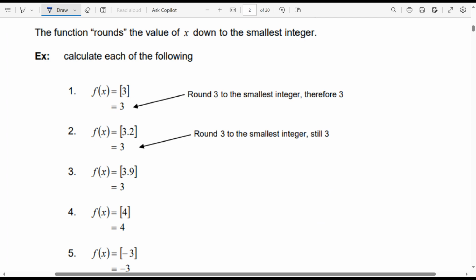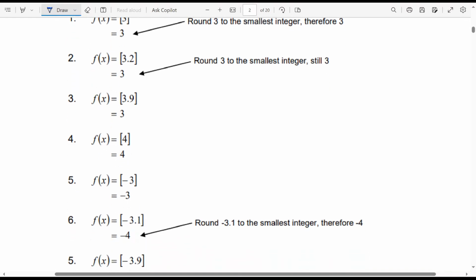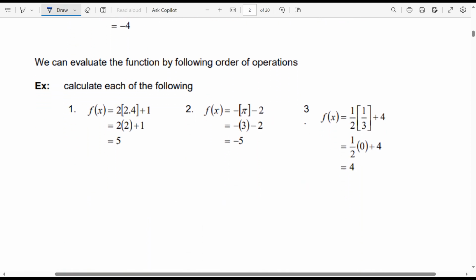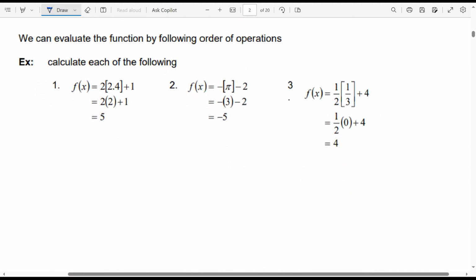The brackets disappeared. 3.9 turns into 3. 4 stays as 4, and negative 3 stays as negative 3. But because it's always being rounded down, negative 3.1 goes down to negative 4, right? That's a lower value. So this is just in terms of execution of the brackets, and here's examples of how it would be worked out, right?